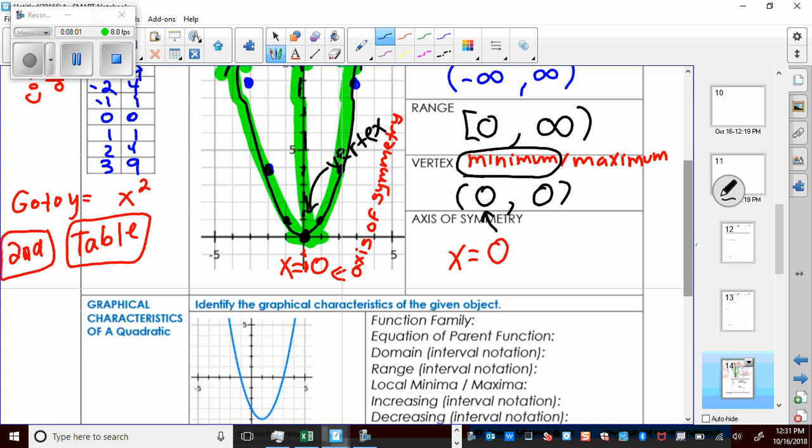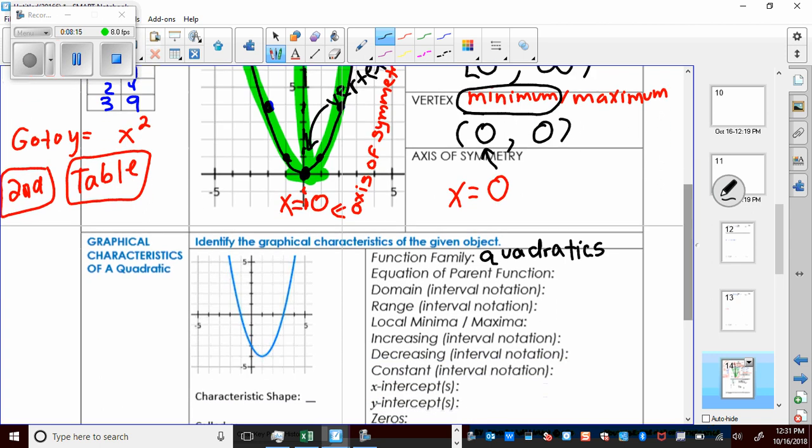Now, when you're filling out the information for the graphical characteristics of a parabola, the function family is the family of quadratics. The equation of the parent function is y equals x squared.